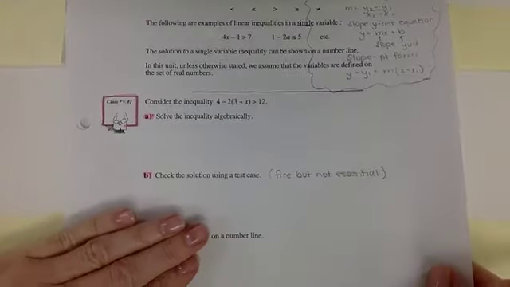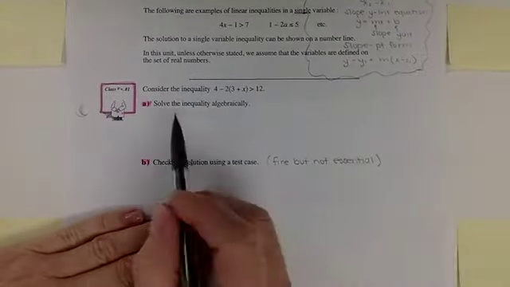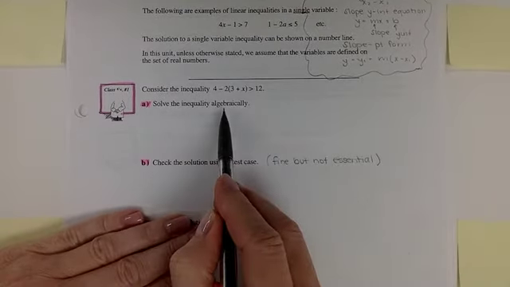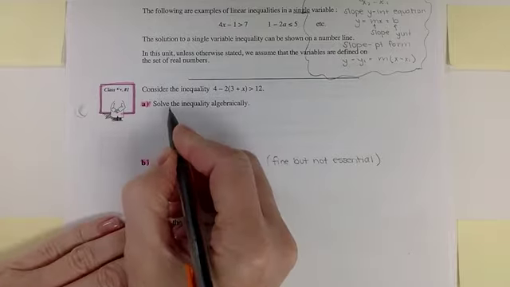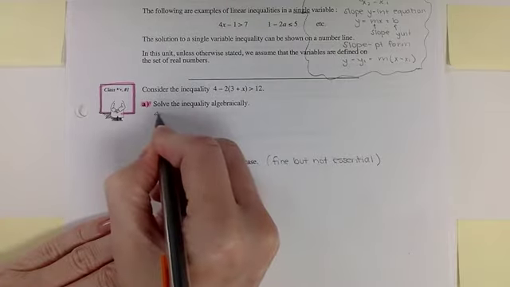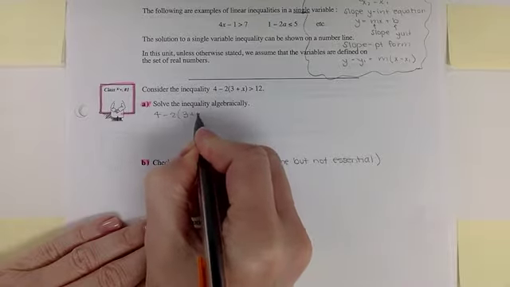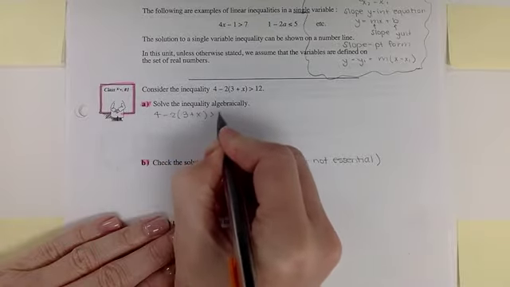Okay, example number 1. Consider the inequality, and now we'll solve algebraically. So I am going to rewrite, I guess, 4 minus 2(3 plus x) greater than 12.